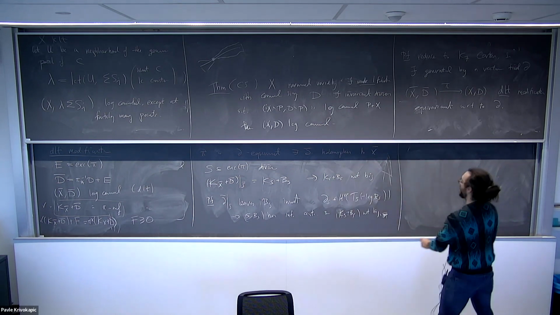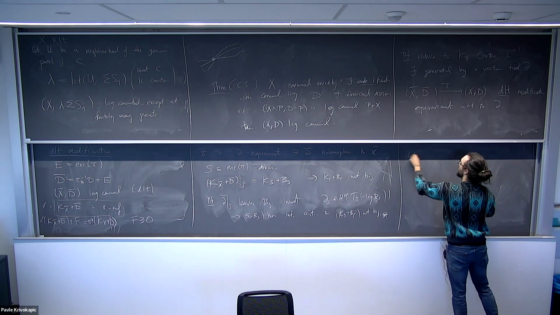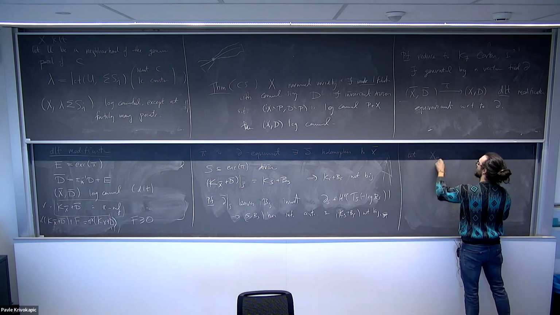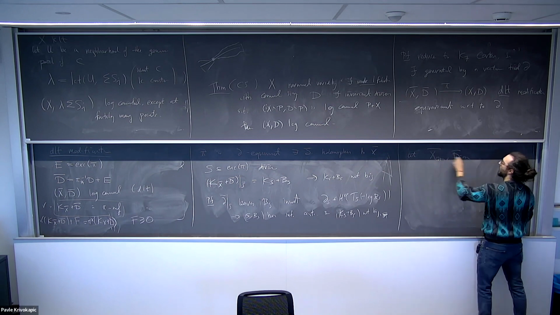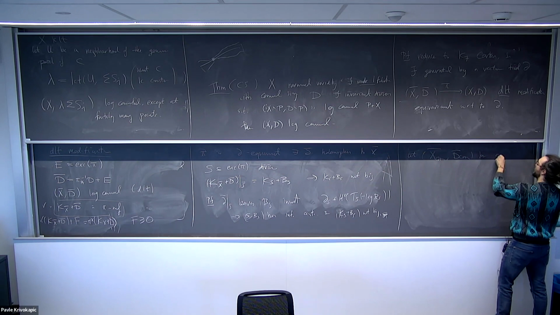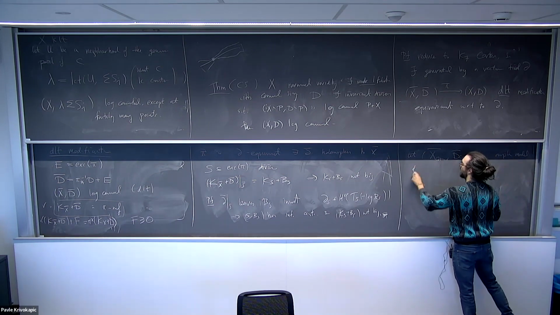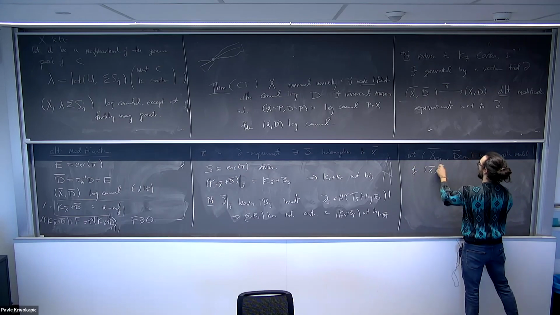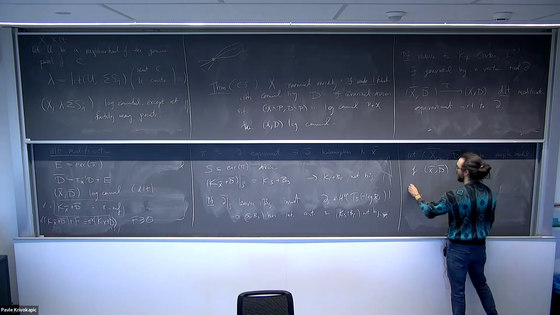And so then the point is you go to the log canonical model. So let X bar can, D bar can be the ample model of X bar D bar over X. Now, what we know is two things.